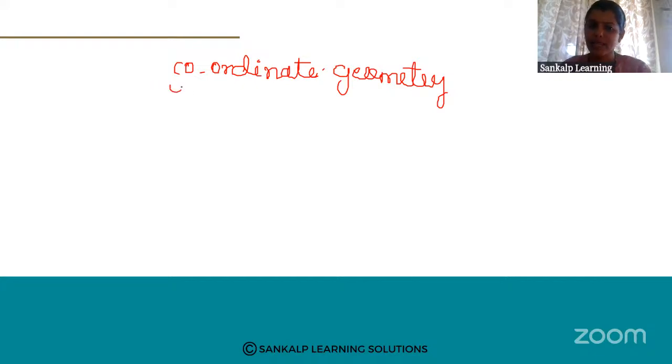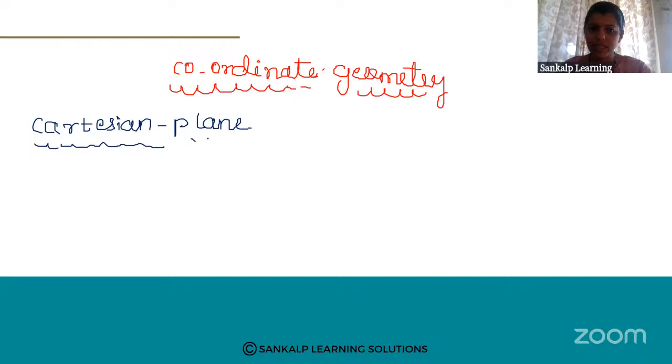This is a very popular branch of mathematics nowadays, and in all the branches we are using coordinate geometry. In coordinate geometry, first we should know some little introduction.